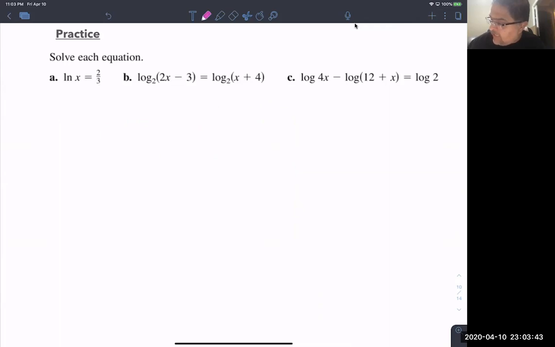Now, let's look at C. Common log of 4x minus common log of 12 plus x equals common log of 2.